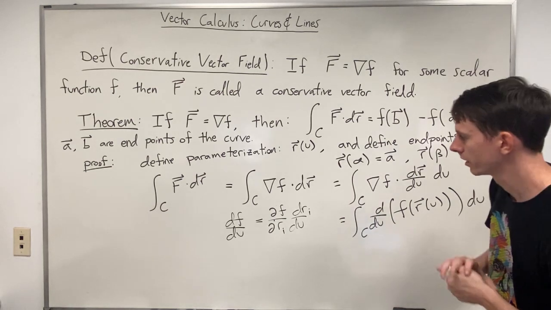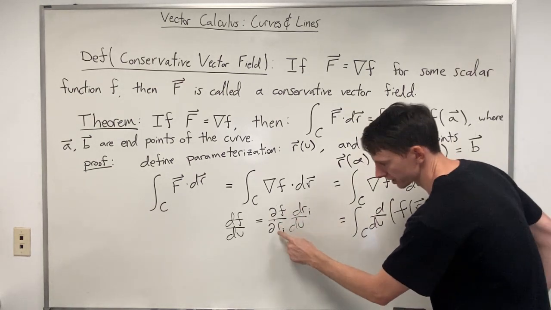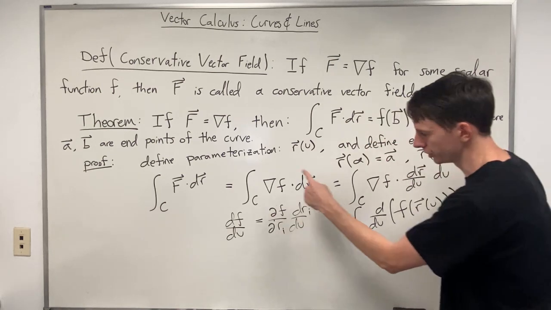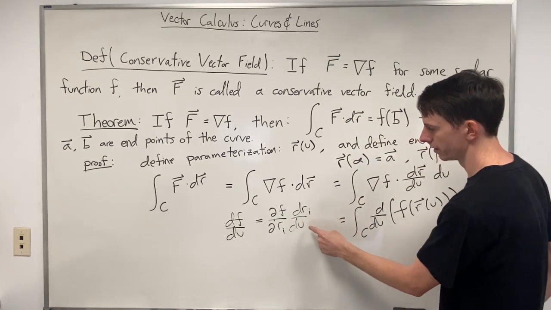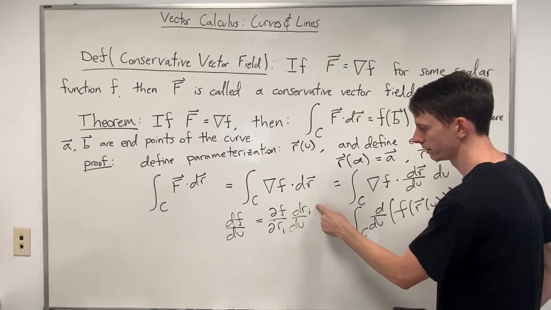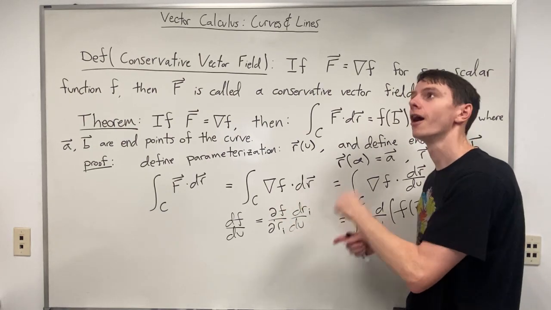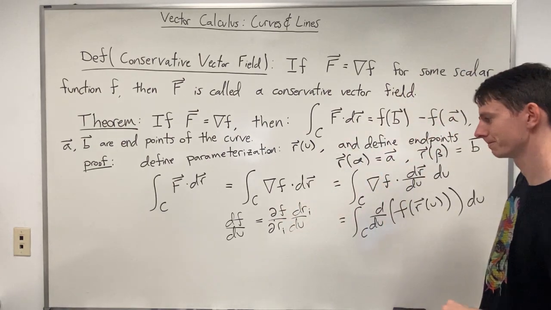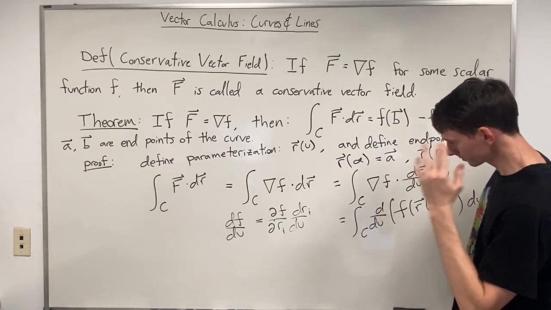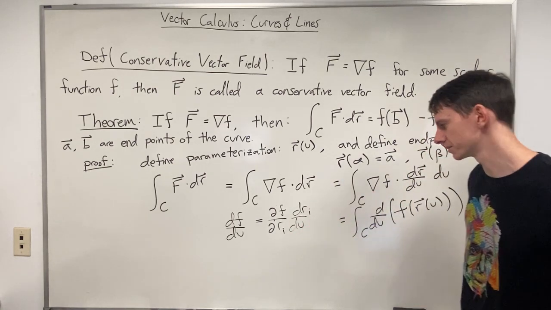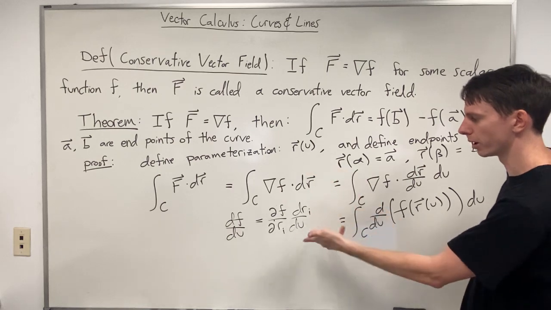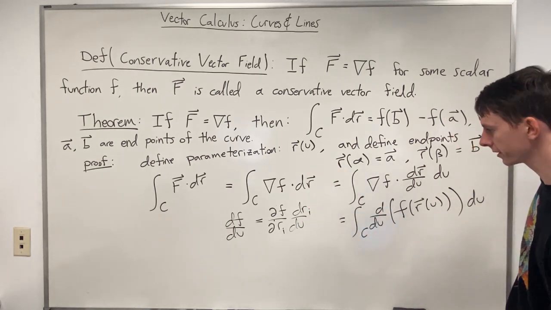You simply take the partial derivative of f with respect to the ith component, and you multiply it by the u derivative of the ith component. Hopefully this makes sense. That's how we would apply chain rule if we have a vector quantity.